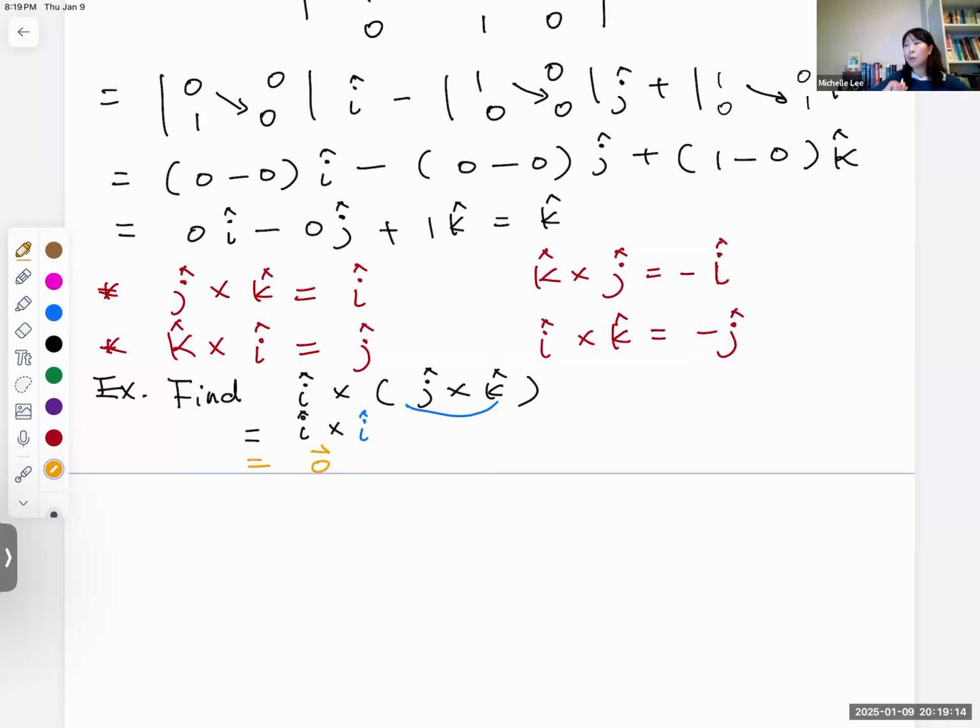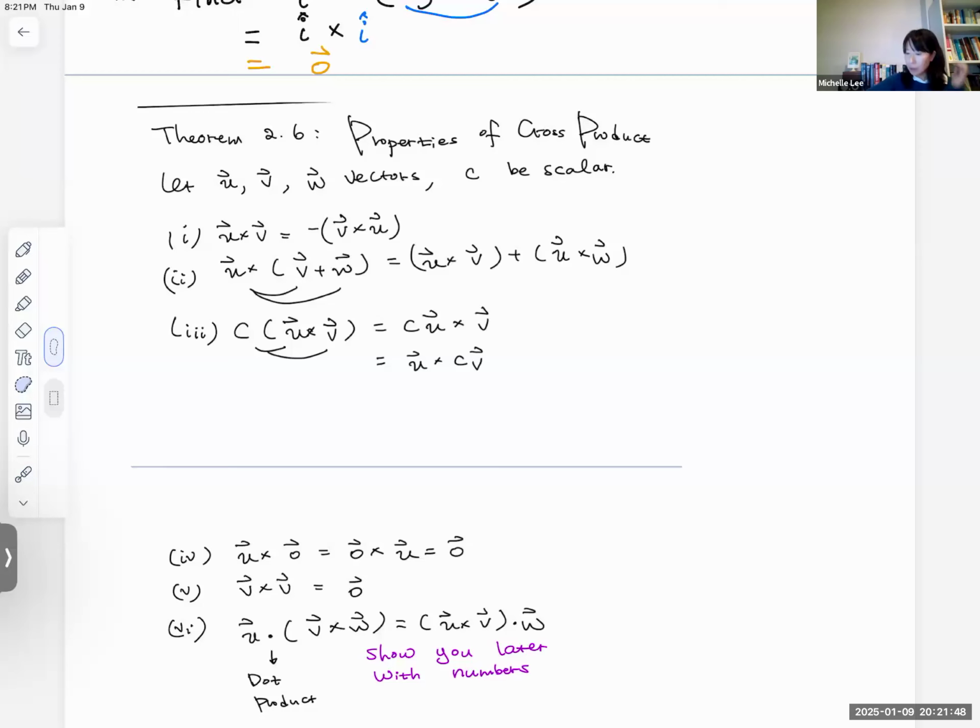Okay, so let me bring up the properties of cross product. We have Theorem 2.6, properties of cross product. U, V, W are vectors, C is a scalar.